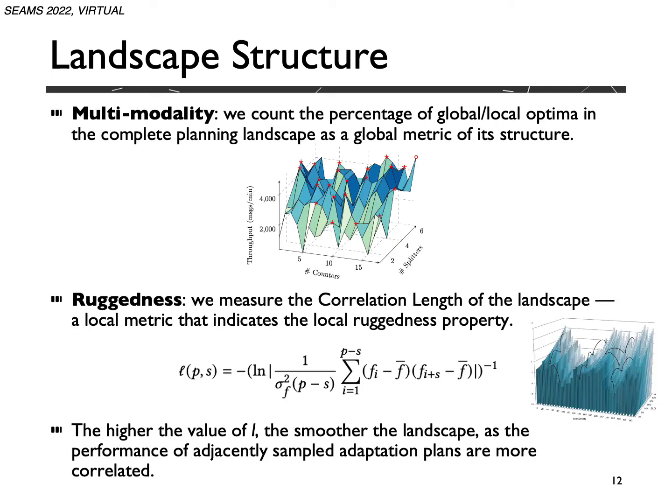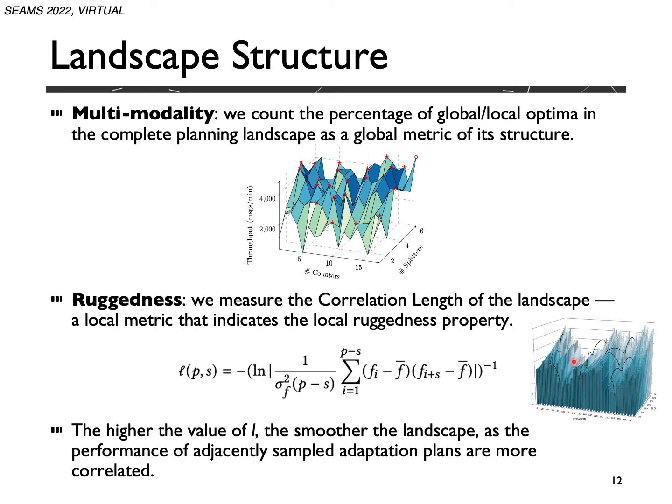Secondly, we can also quantify the structure of the landscape, and we use two metrics. The first one is multimodality, in terms of the percentage of global and local optima. Here is an example where we show all these stars, the peaks, which are the local optima. However, this alone doesn't tell us the correlation between different local optima, and therefore we use another metric called correlation length to quantify the local roughness properties.